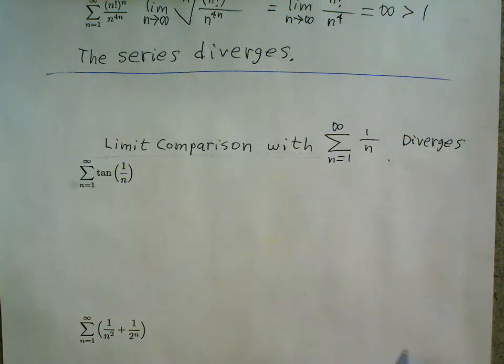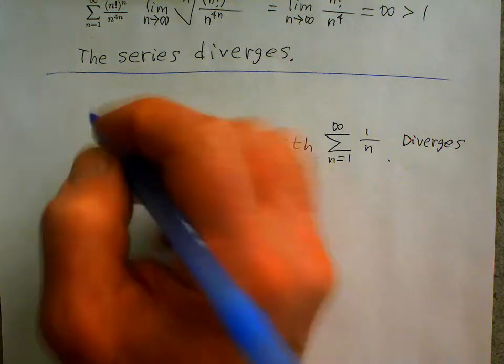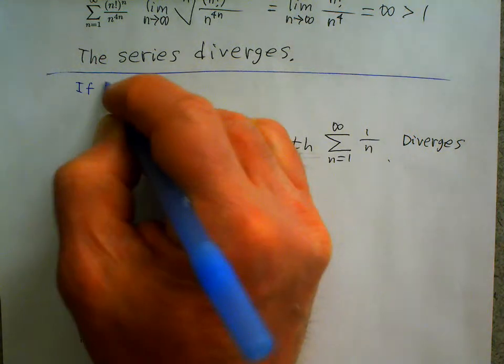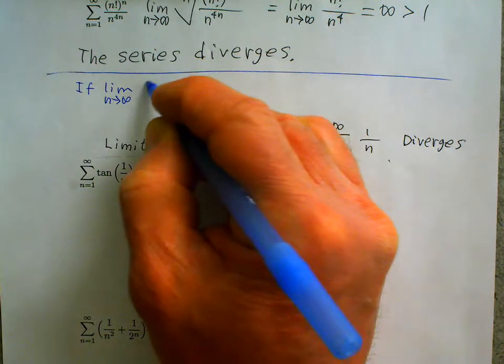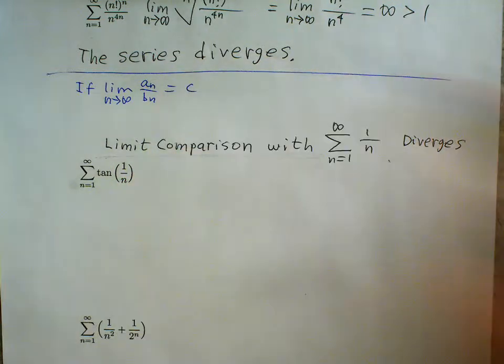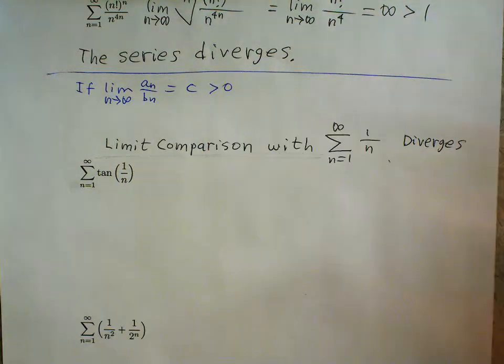So I'll just write down the essentials of the limit comparison test. If the limit of a sub n over b sub n is equal to a positive number c, greater than 0.